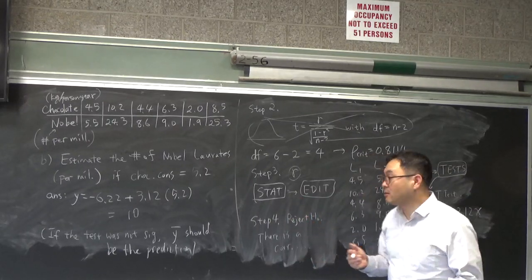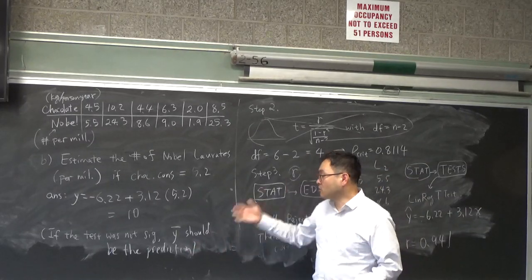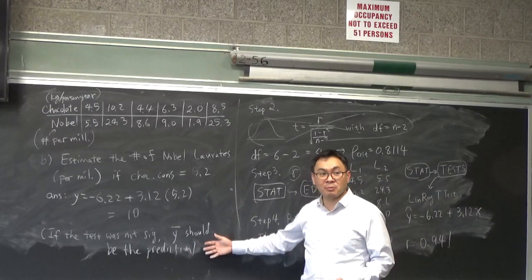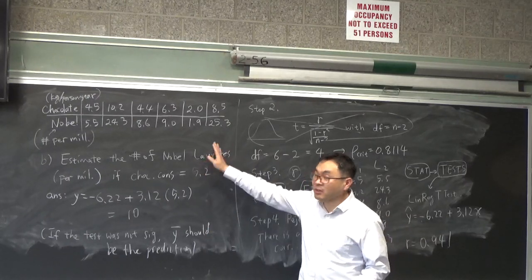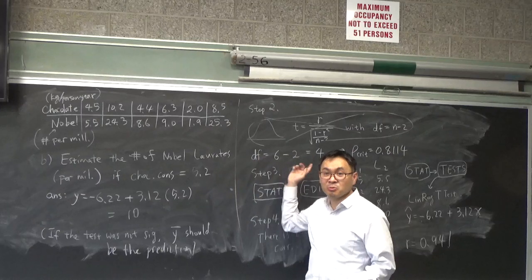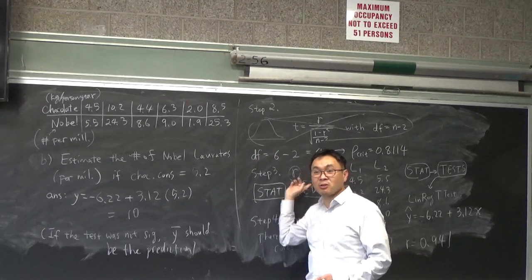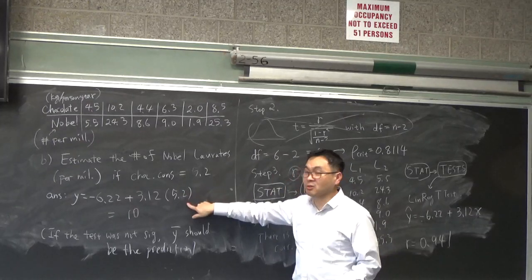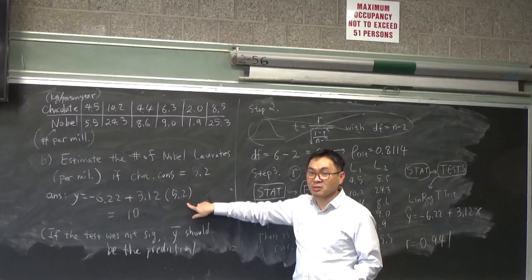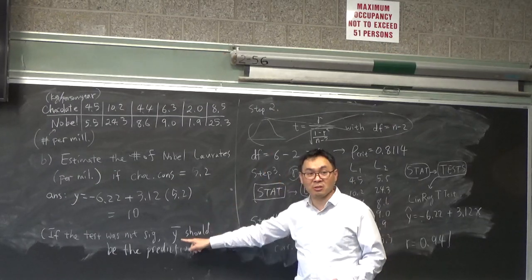So when you're solving a quiz or an exam problem, and you're asked to estimate something, and the first part was a hypothesis testing, then depending on the outcome, if it comes out significant, use the regression equation. If it doesn't, then you just use the average one.